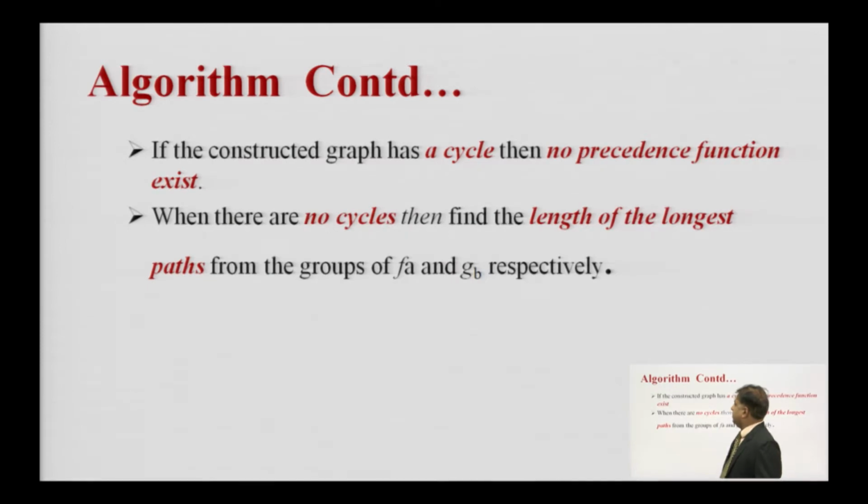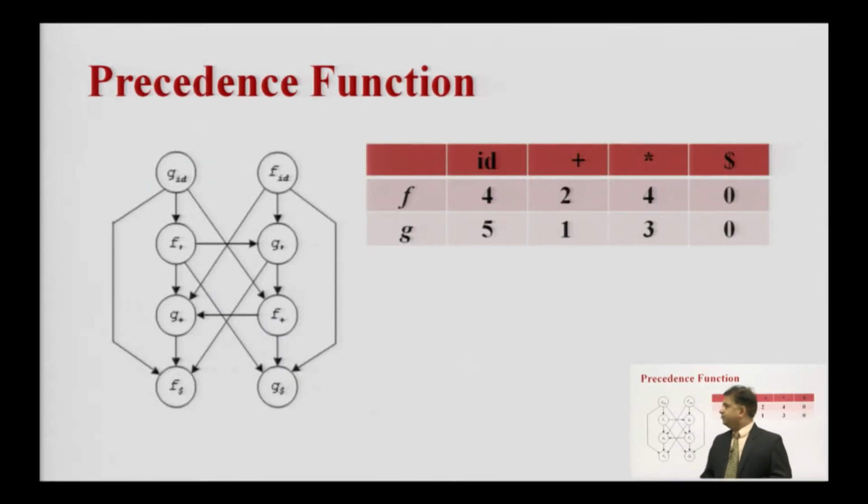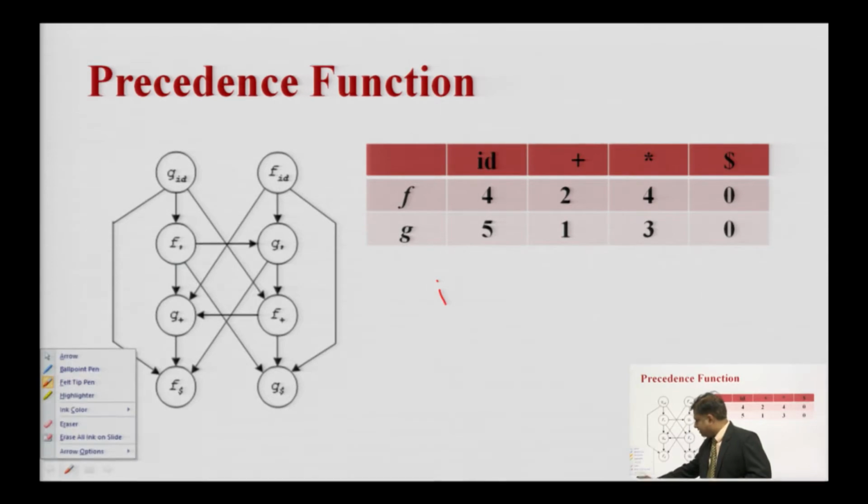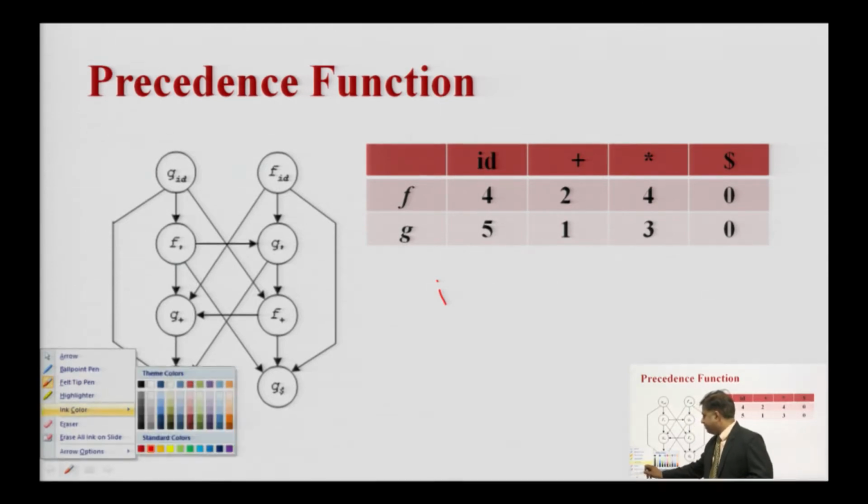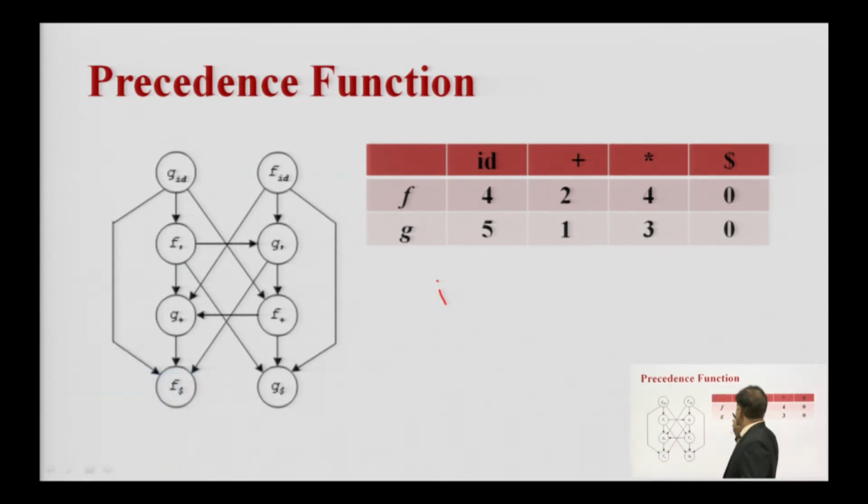Next step, when there is no cycle, then we find the length of the longest path from the group FA and GB, right. So, what is the meaning of the length of the longest path? For example, I have F id, and I want to check the length of the longest path which can be derived from F id.